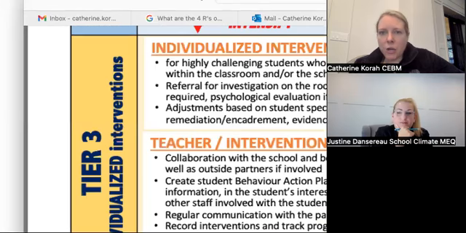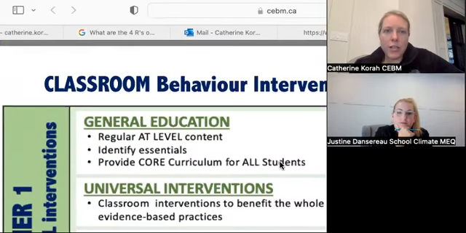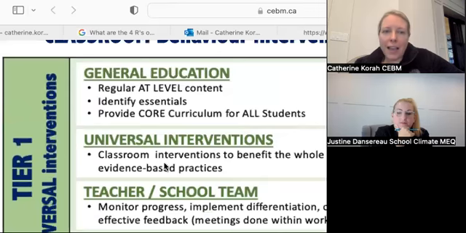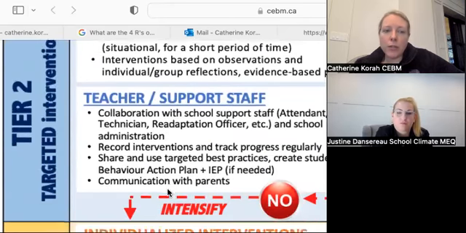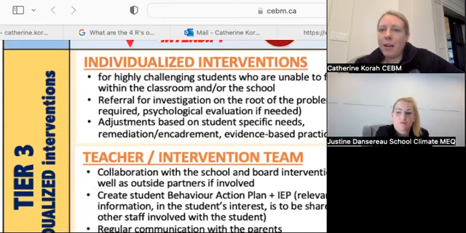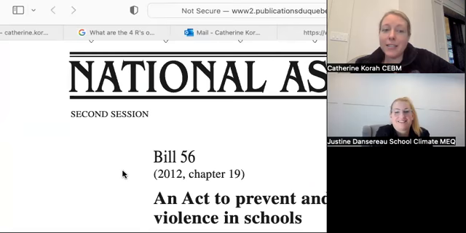Then the other document is the flowchart of intervention, which starts from tier 1, who are the adults that are involved. And this is what I was talking about, the third document that I will create, which will give meat in the in-between there. And then we move over to tier 2 and tier 3. And then, of course, the last document is the Bill 56 document that is quite detailed.